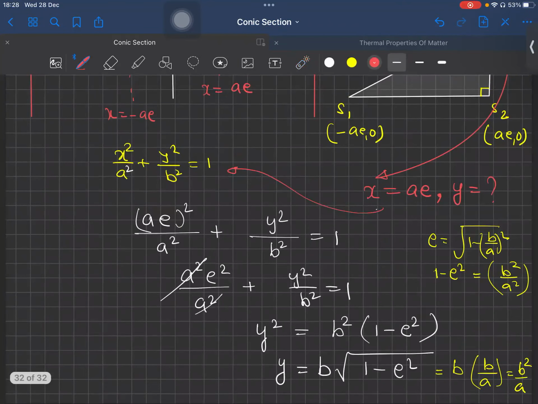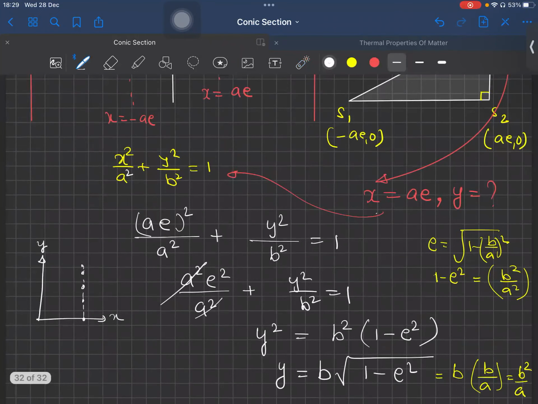If this is the XY plane, if you draw a straight vertical line on this point, whatever the value of x is, it is constant here, right? So the same value of x will be there throughout. So here x is equal to 2, then here also x is equal to 2, right? The value of y is changing, but the value of x is not changing. Can you see this?